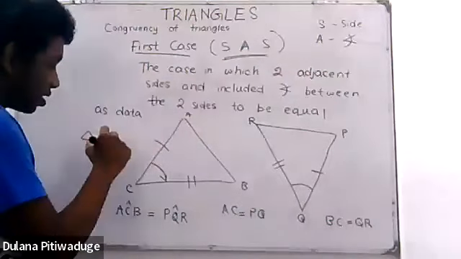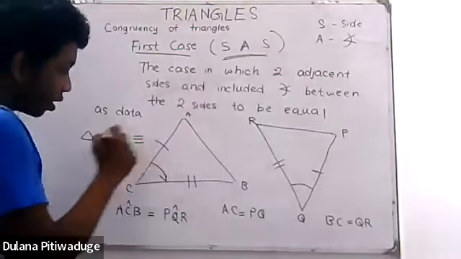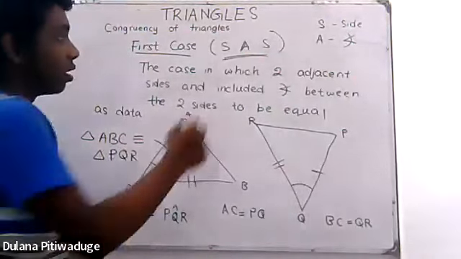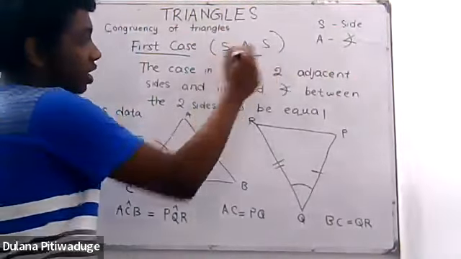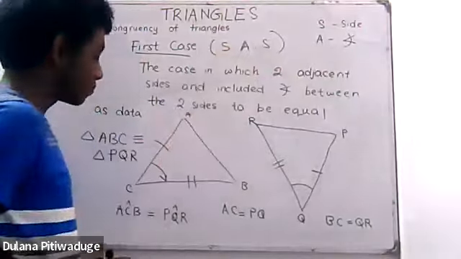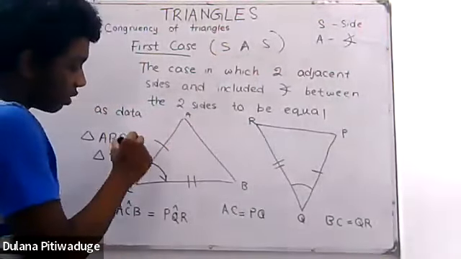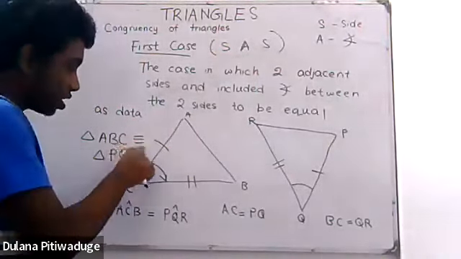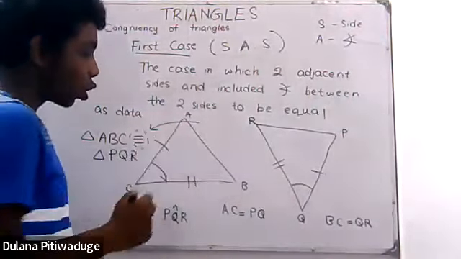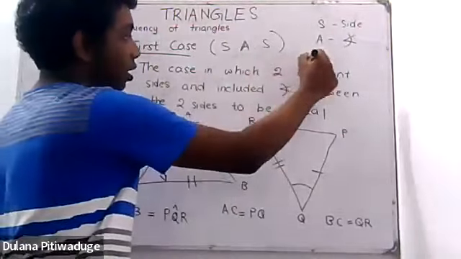Triangle ABC is congruent with triangle PQR, considering this case, the side angle side case. This is the symbol we use to show congruency, just 3 lines. The symbol over here indicates congruency, similar to equal.